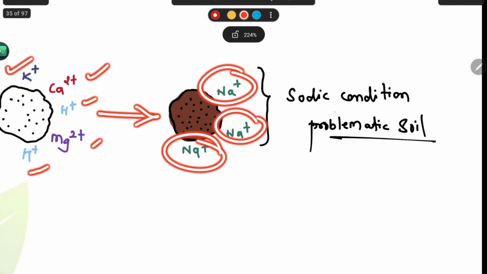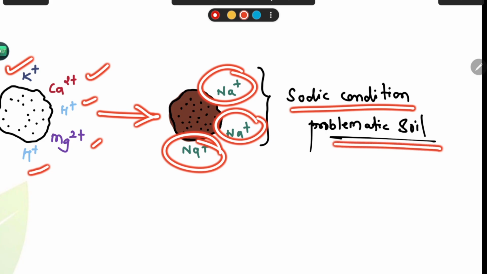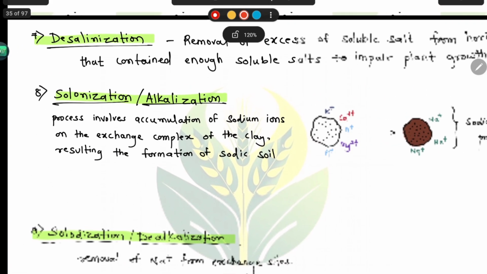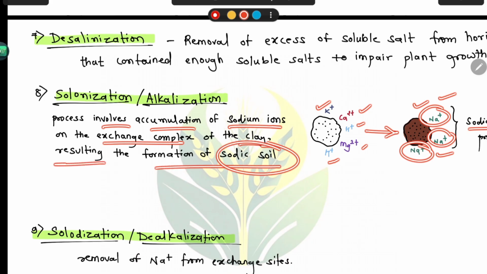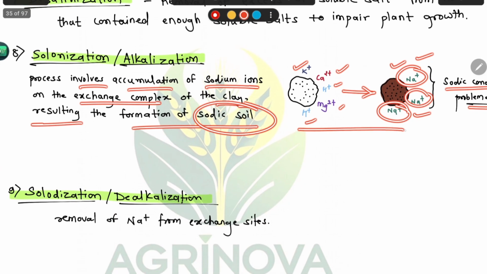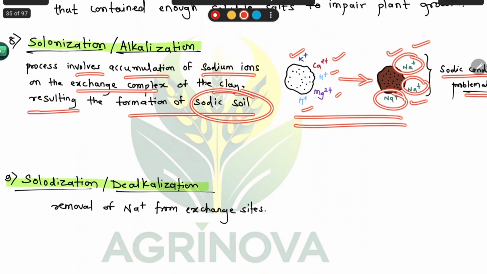Then next, in the sodic condition, which is the problematic soil, the clay complex is mostly occupied with sodium ions. So it involves the accumulation of sodium ions on the exchange complex of clay, resulting in the formation of sodic soils. So by this way, with the help of an image, you can represent it, which will enhance the marks in the exam.